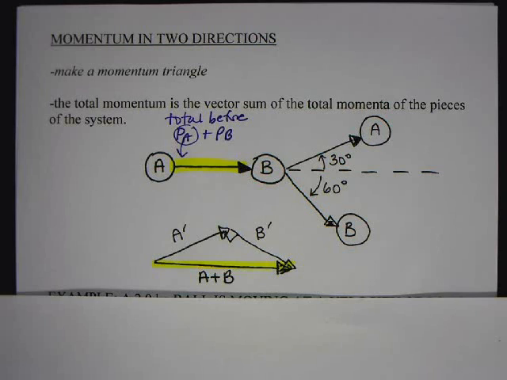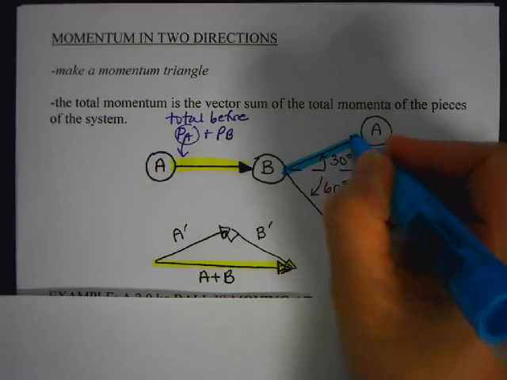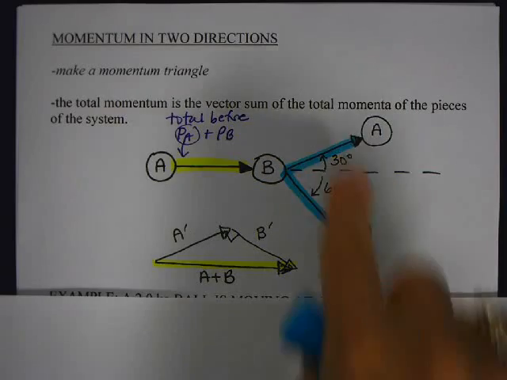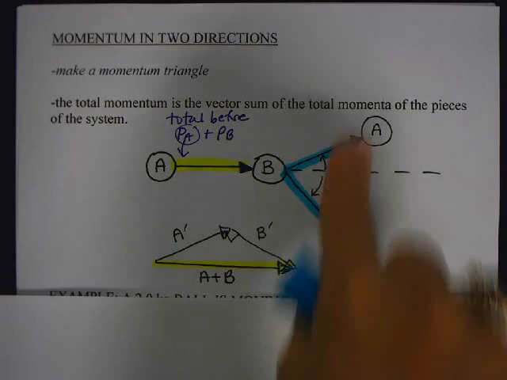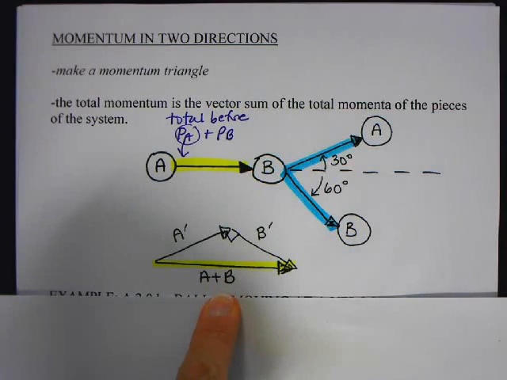Conservation of momentum says the total momentum before is equal to the total momentum after. But because momentum is a vector, I cannot just add it algebraically like we did in the other problems. Now I have to take the direction into consideration. So here is the momentum of A after collision. Here's the momentum of B after collision. These two vectors added together, head to tail, should equal the other one.